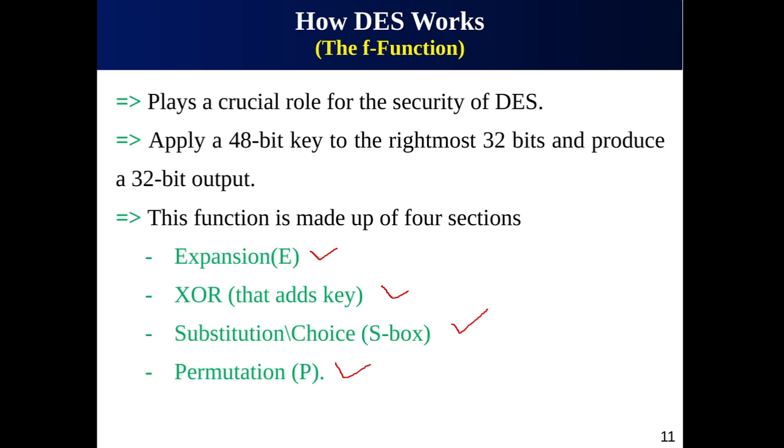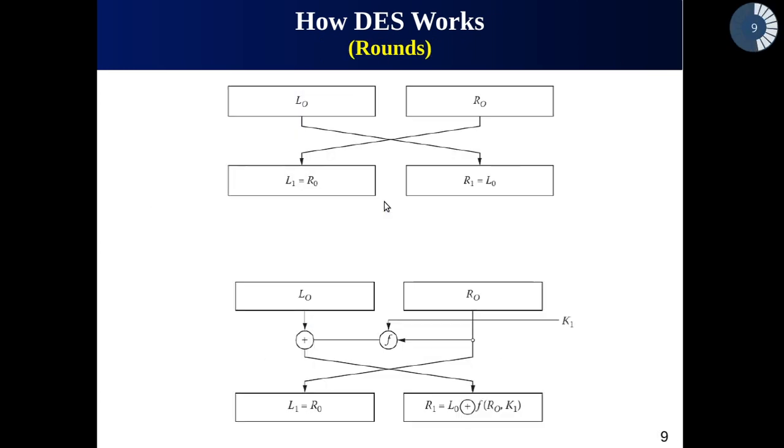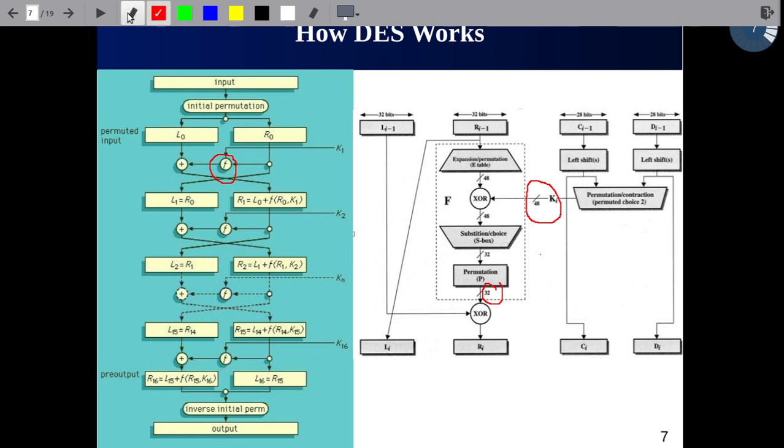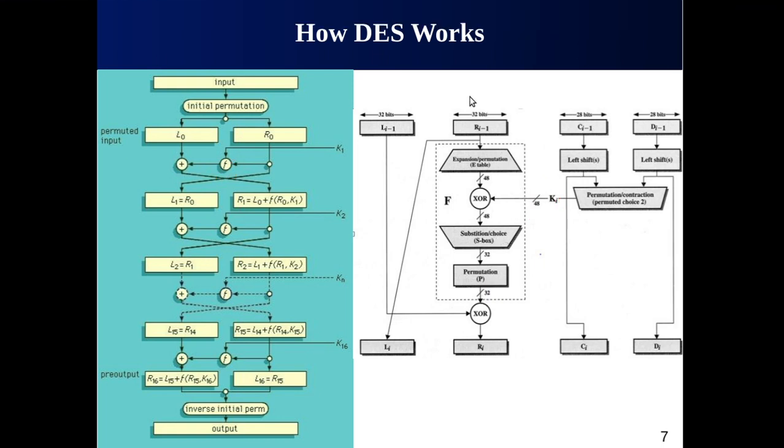In every round of DES, a 64-bit block is divided into 32 bits each, and they are named the left and right block. Since each round utilizes a key of 48 bits, it is necessary to enlarge a block to be equivalent to the key size. Let me revise. What is the size of the input text? 32-bit.